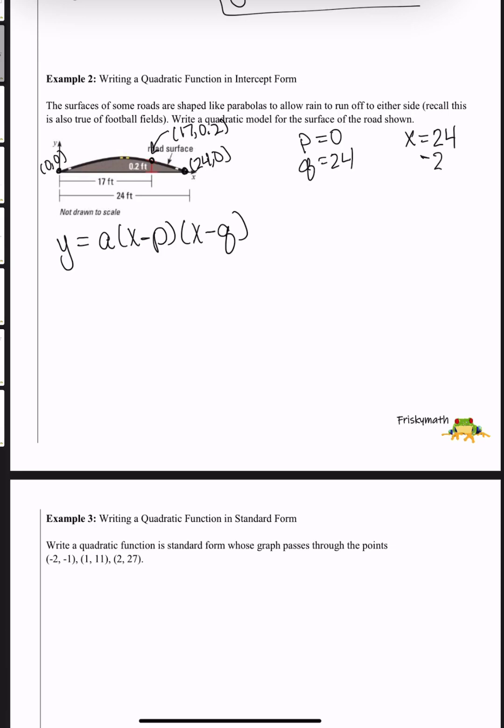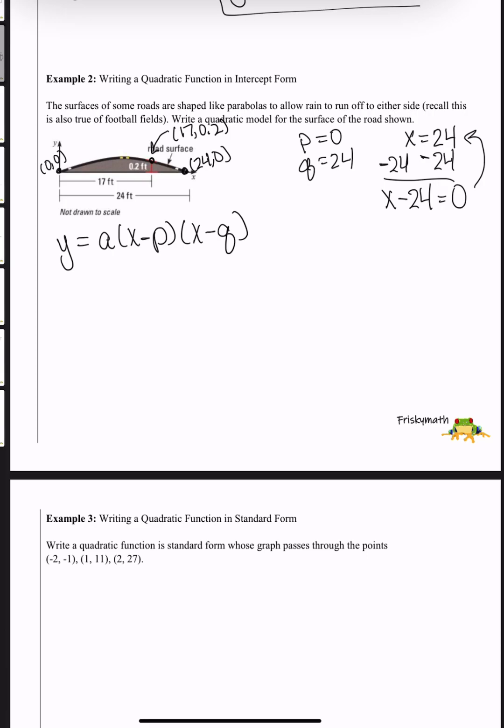I could subtract 24 from both sides, and that would give me x minus 24 equals 0. So there it is as a factor, which then I solve and go right back up to x equals 24. Or you can just remember that in intercept form, your x-intercepts get plugged in for p and q.